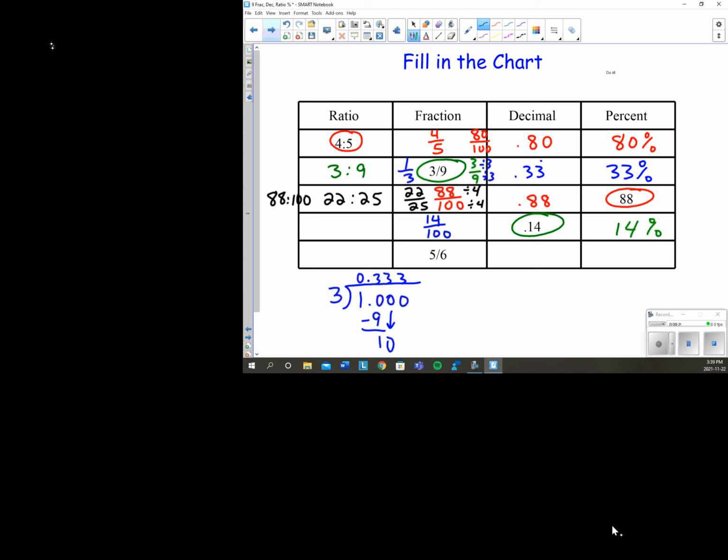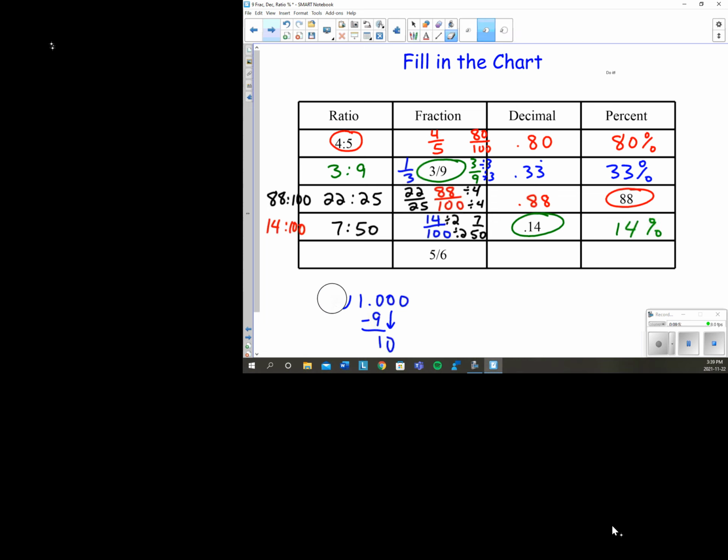If I do that, I get 7/50 as my reduced fraction, and that means that the ratio is 7 to 50. Again, you could also say 14 to 100. It's just not reduced. It's the same amount, it's just not quite reduced.